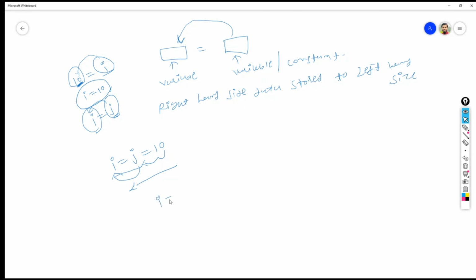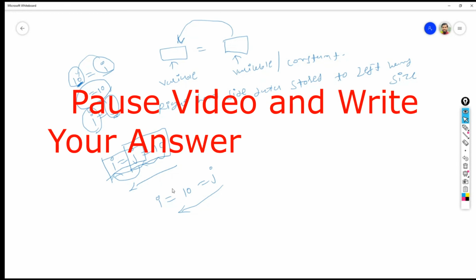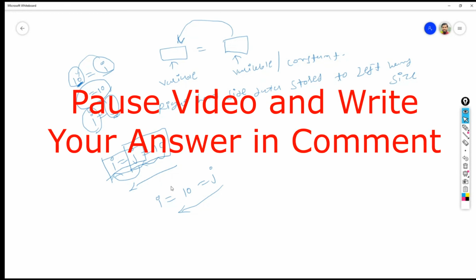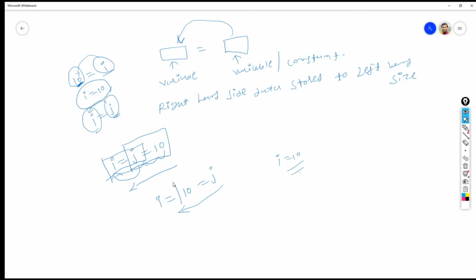Suppose I write here I is equal to 10 is equal to j. Then what happened? First 10 is equal to j.